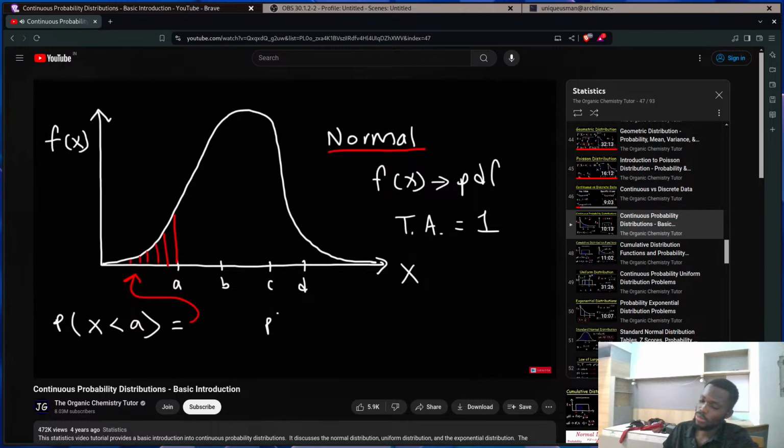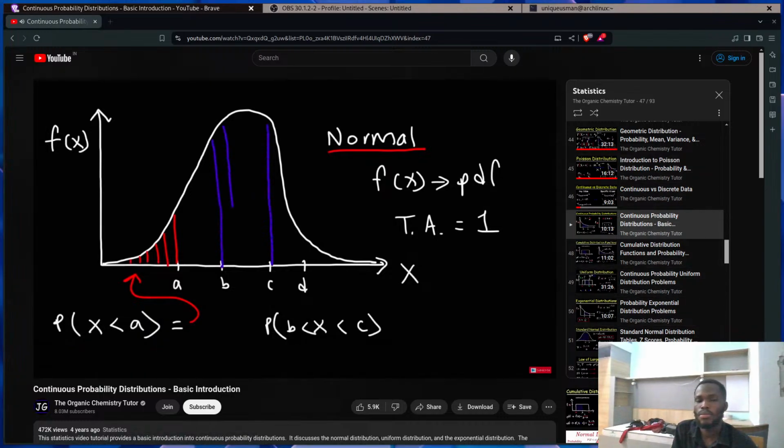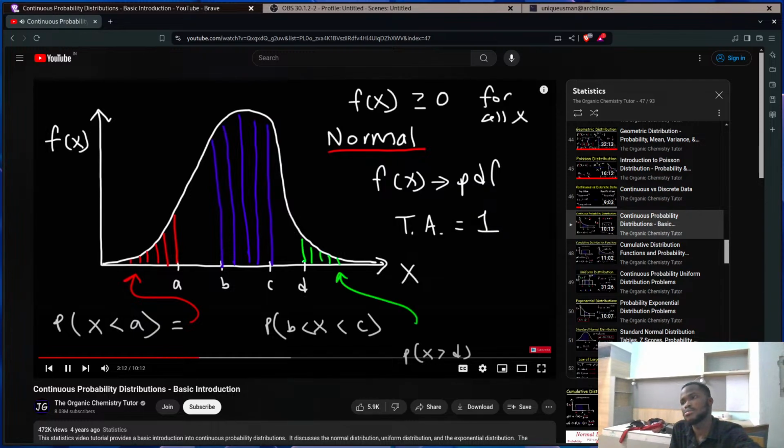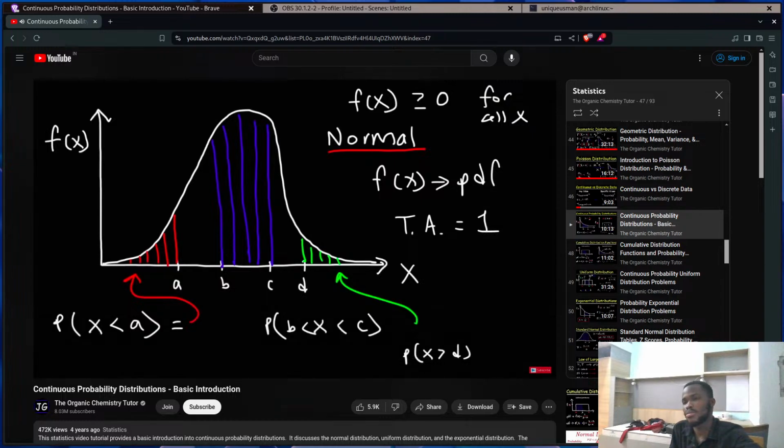Likewise, if we wish to calculate the probability that x is between b and c, what we need to do is determine the area under the curve between b and c. Likewise, if we wish to calculate the probability that x is greater than b, so for a continuous probability distribution, you won't see the curve under the x-axis, it's always above the x-axis.